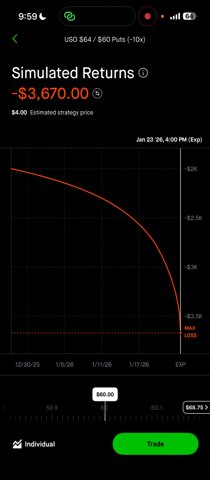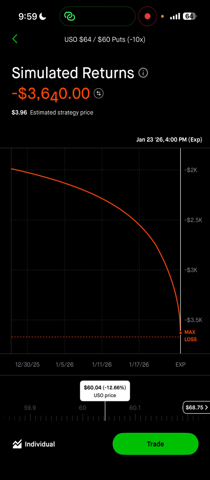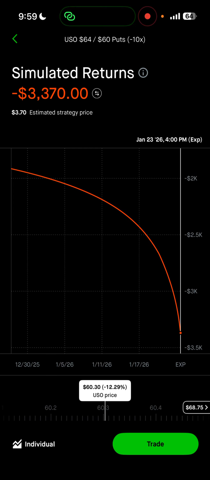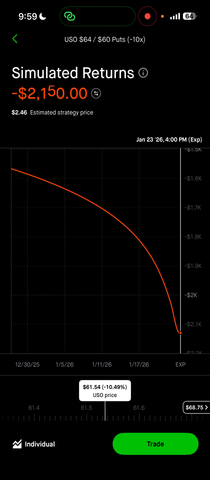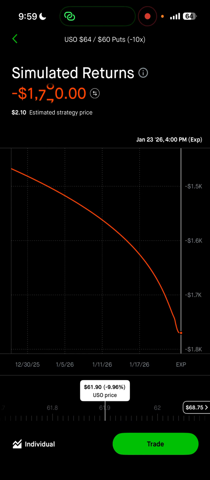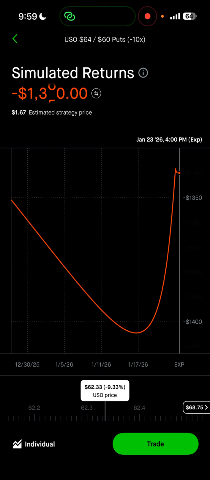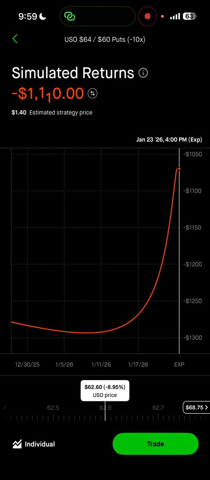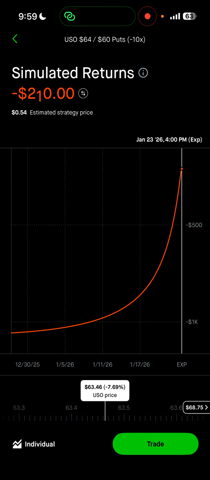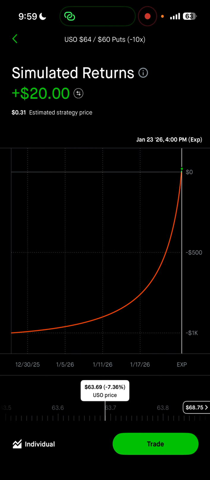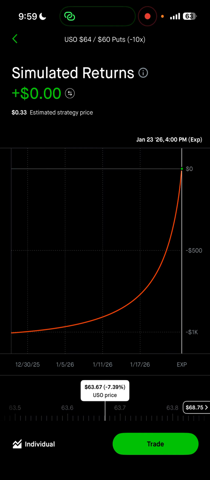Obviously we don't get into these situations because we manage trades early. But you can see what would happen, and fairly quickly, after we breach the strike price. So again, we're good up until 63.70 technically. That's our break-even.